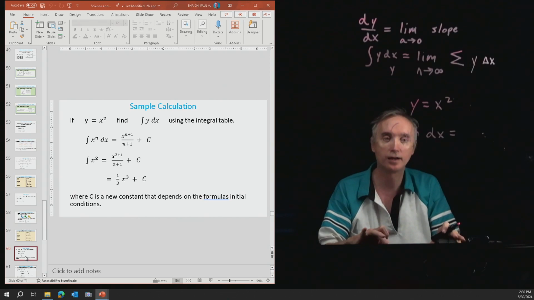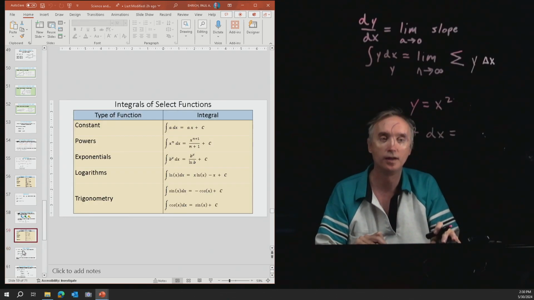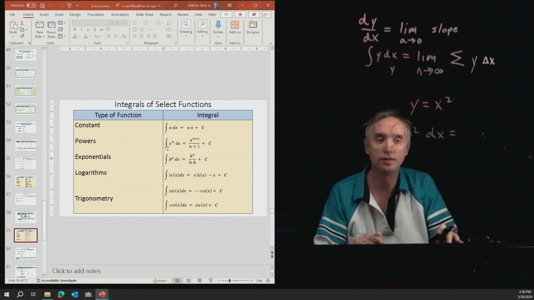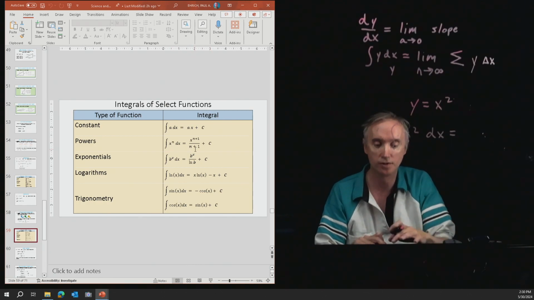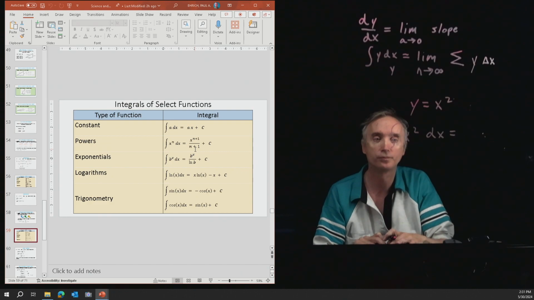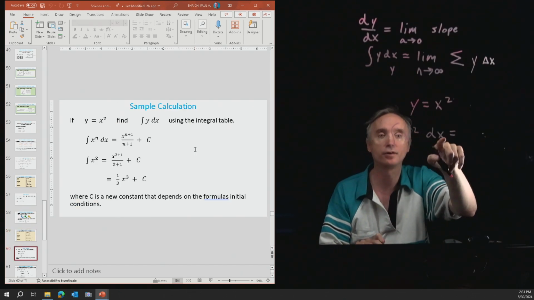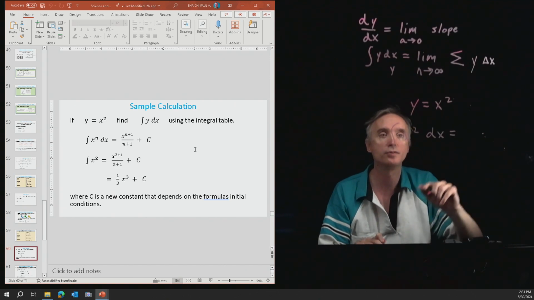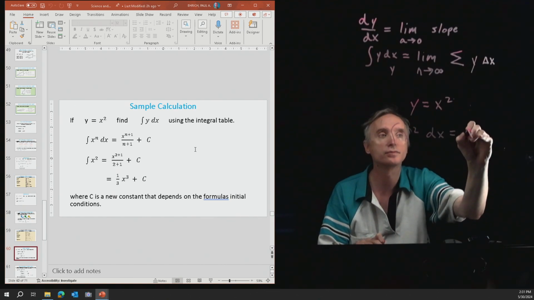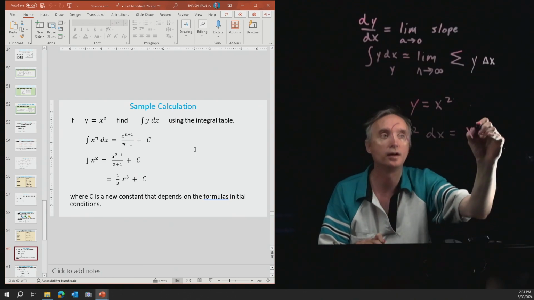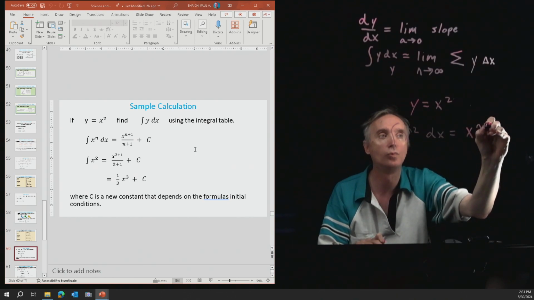So we're going to go back to this one, and we're going to find the equation that goes with it, which is going to be this one right here. So this equation is the one that we're going to use to solve the problem. And it says that the integral of this thing is going to be x to the n plus 1.